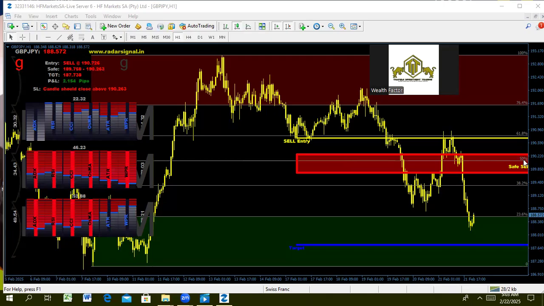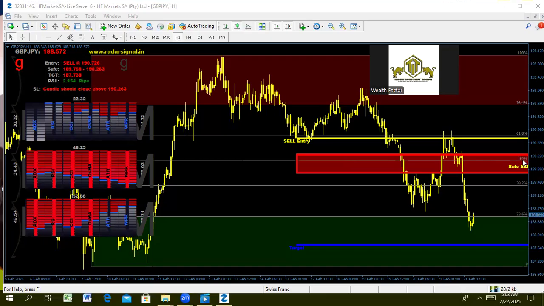But remember, 50% is our retracement level or our pullback level. This is the level where we expect the market to either have a pullback, retracement, or break out of that structure and have a continuous movement either upward or downward, right?